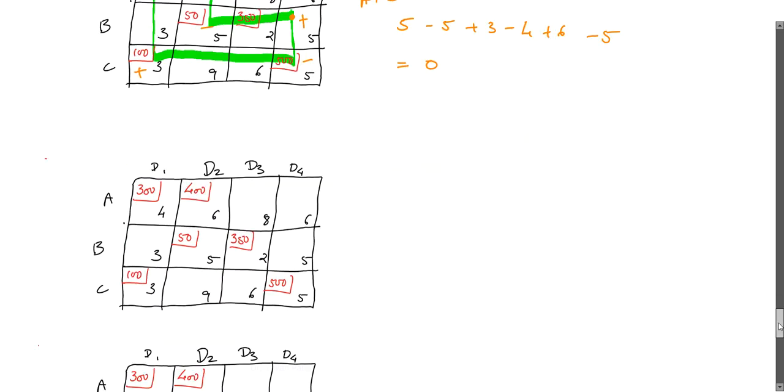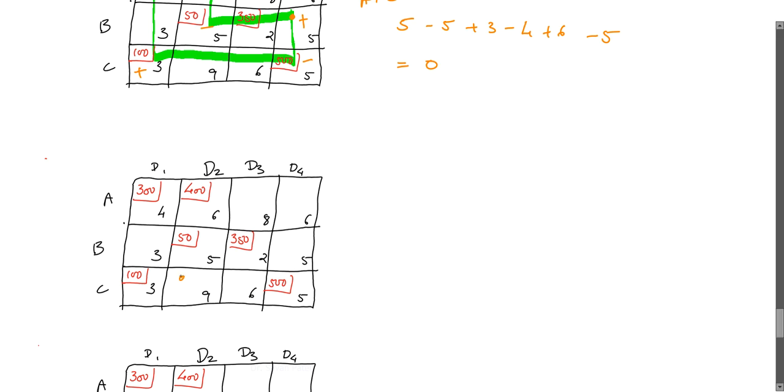So the additional transportation cost on transporting from B to D4 is plus 5 minus 5 plus 3 minus 4 plus 6 minus 5. So 5 minus 5 is 0, 3 minus 4 is minus 1, and 6 minus 5 is 1, so it is 0. So we are not able to reduce the transportation cost further by transporting from B to D4.